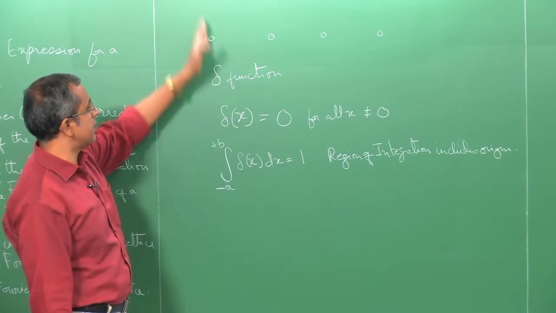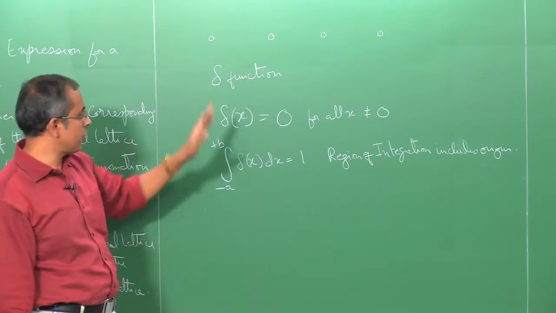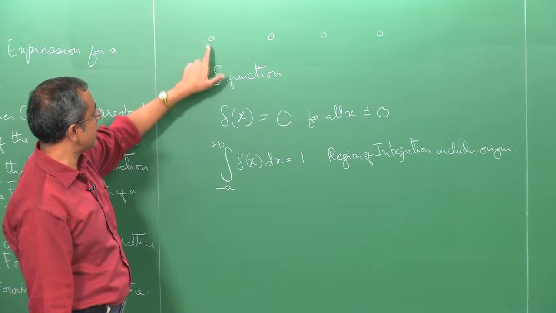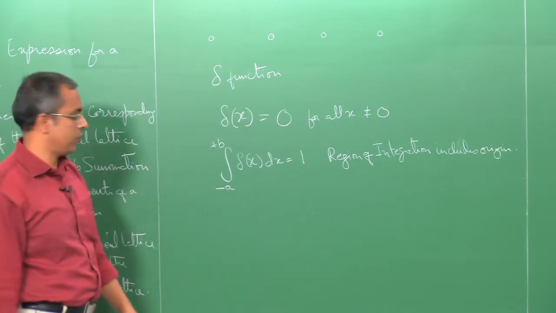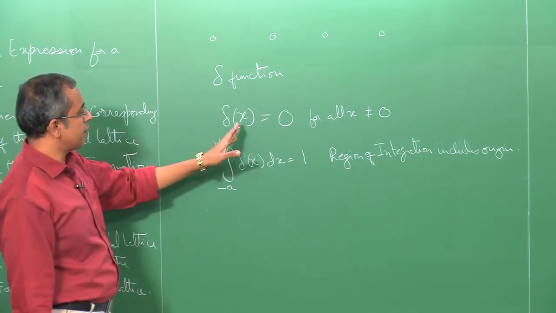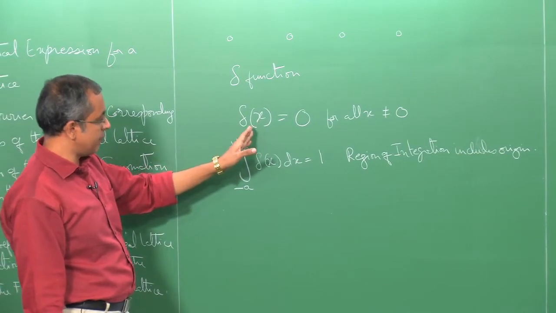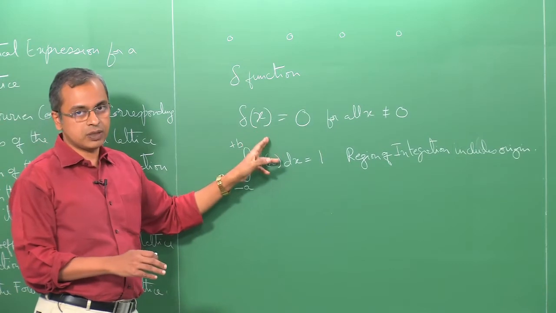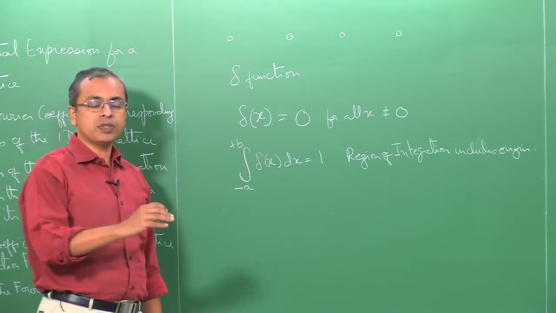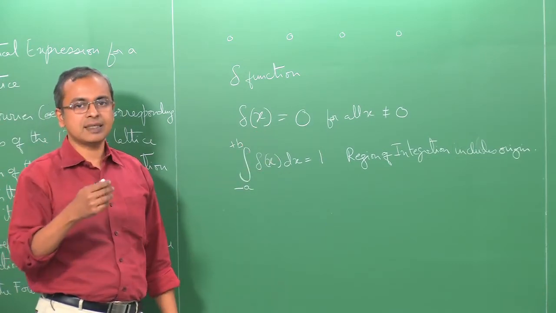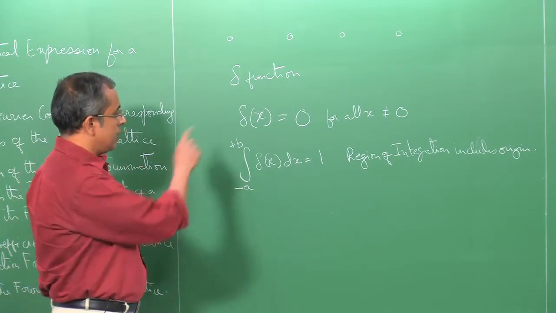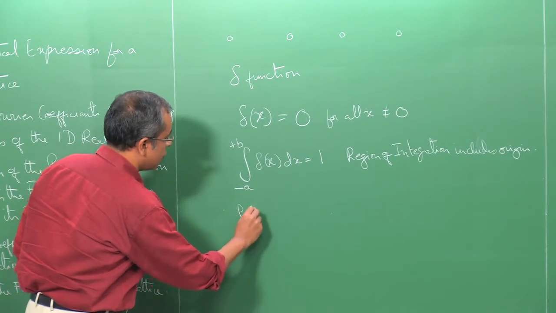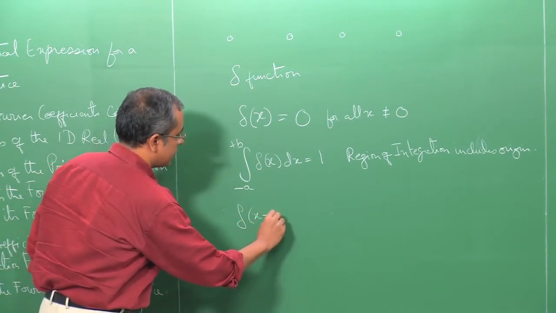So, it uniquely puts up a value only at one point, and if you do an integration of this function over this region, it will evaluate to 1 around this point. Now, the way I have written it, it has a value only at the origin, which is x is equal to 0. Supposing you want to put this function at some other location, at say x is equal to a. The way you would rewrite this function is simply define it as delta of x minus a.